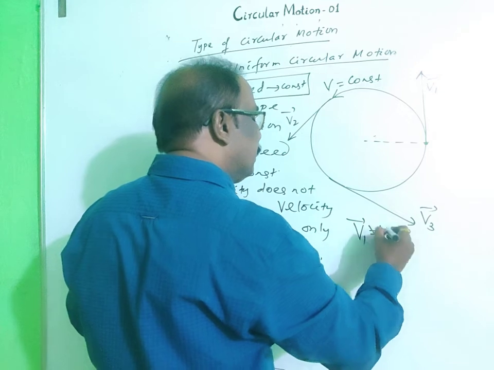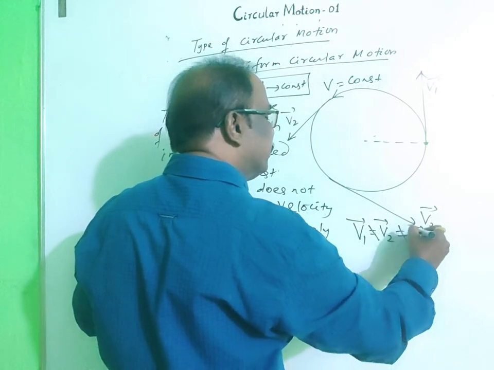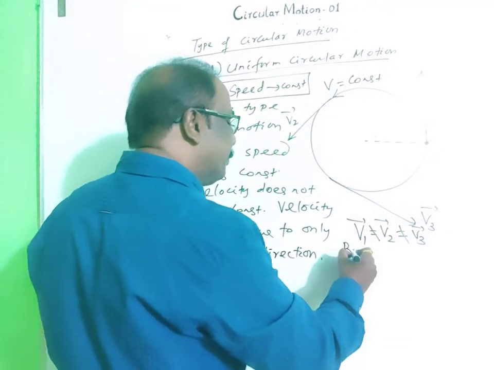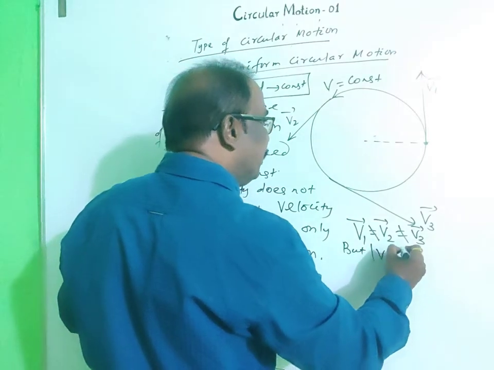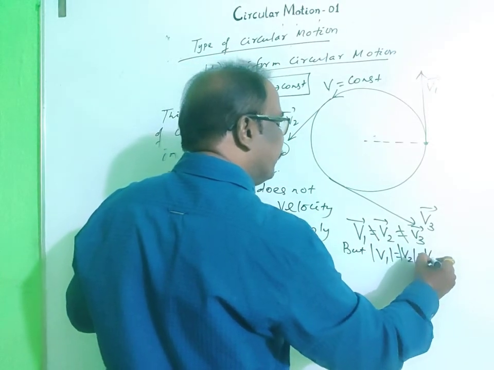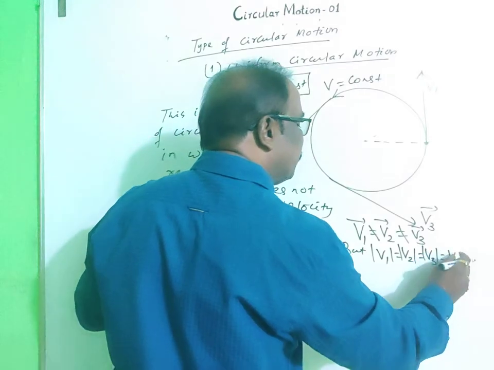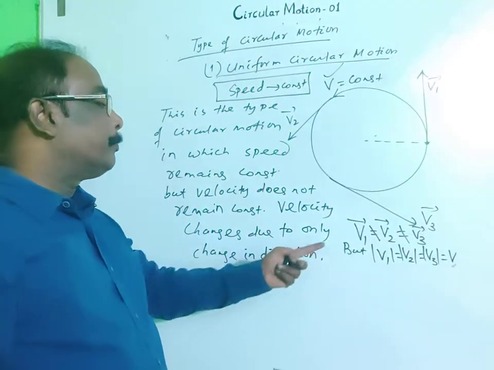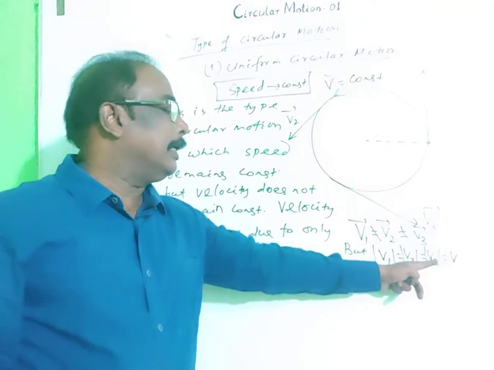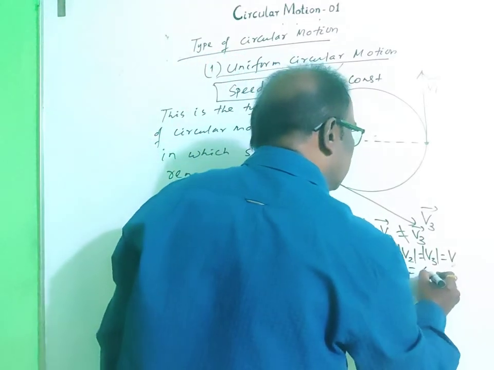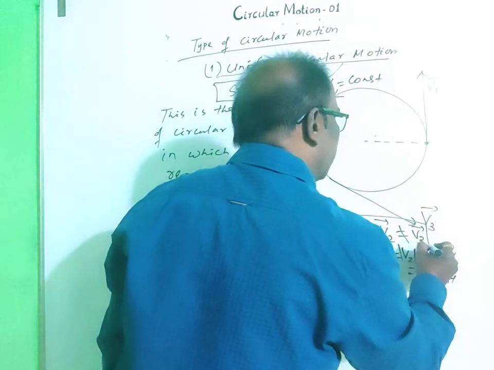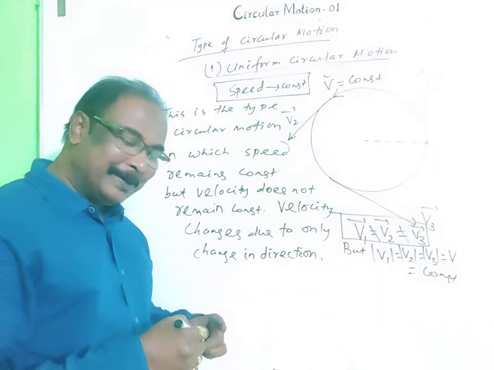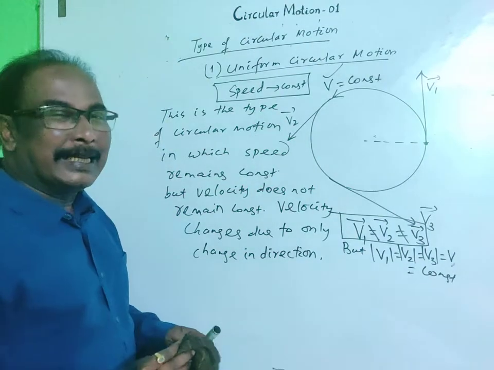So V1 not equals to V2, not equals to V3. So velocities are different due to different directions, but we may say magnitude of V1 is equal to magnitude of V2 is equal to magnitude of V3, that is equals to v, because speed is constant. Thus in uniform circular motion, speed is constant, means magnitude of velocity remains constant. But direction doesn't remain constant, so velocities are different. So in uniform circular motion, velocity changes due to only change in direction.